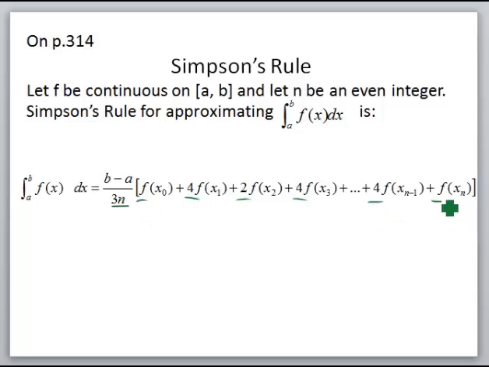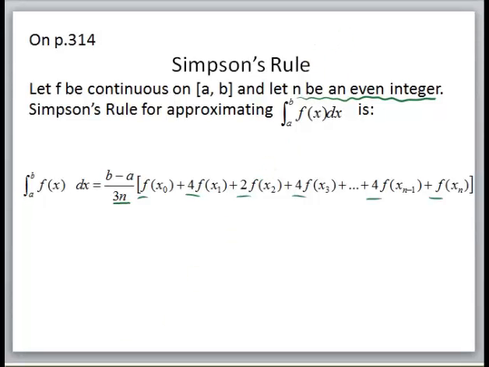What that means is that I definitely would have to have n to be an even integer. So whenever they're asking me to do Simpson's rule, they'll ask me to pick an even number of sections that I'll be breaking that up into. I don't have time to finish the Simpson's rule on this particular page, but I will do that on the next video.